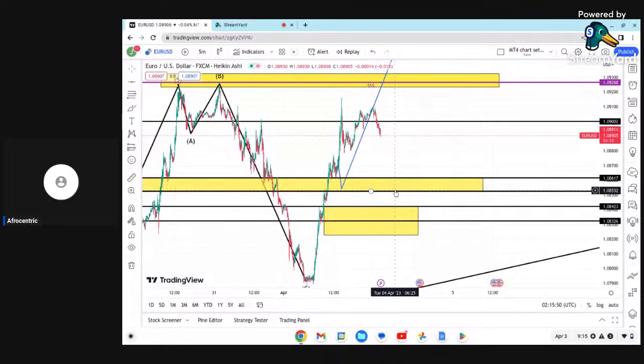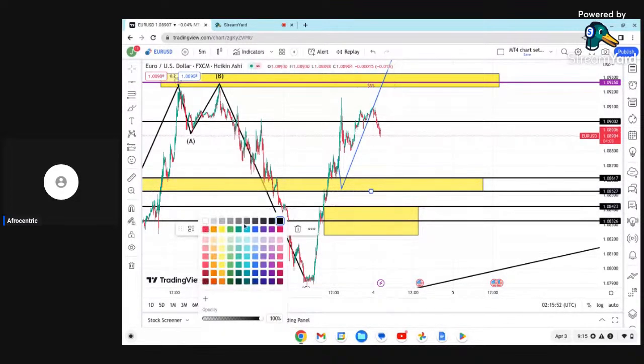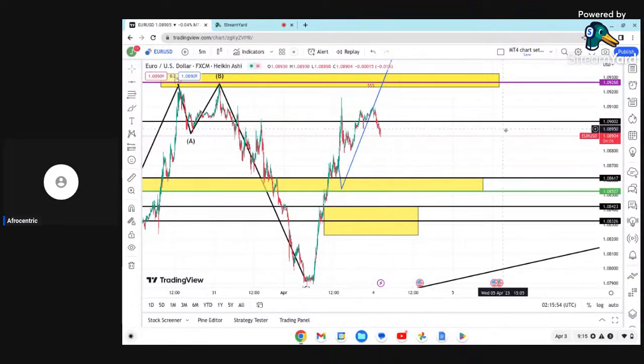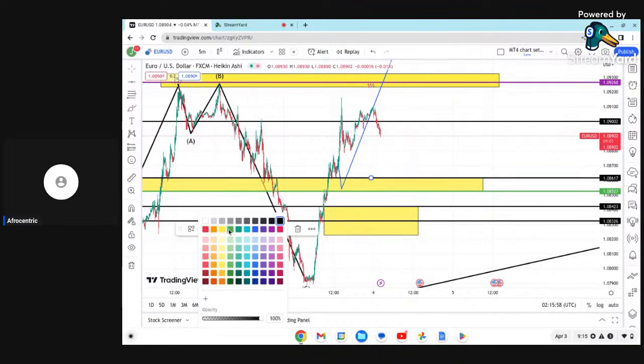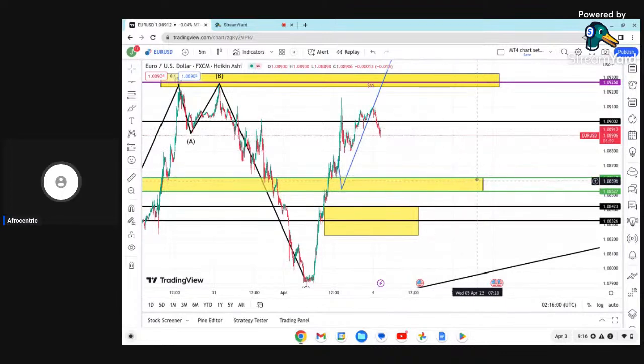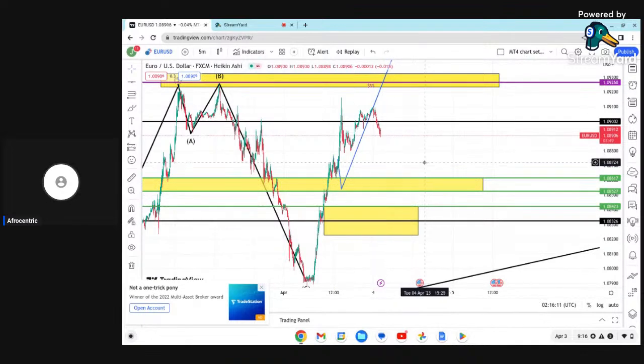And then I'll make this green. I'll make this green. So yeah, target here. I have this one set as my target. You can do this as a target as well. Back to. So we have 3 different targets to choose from.